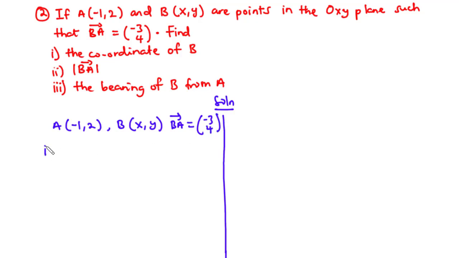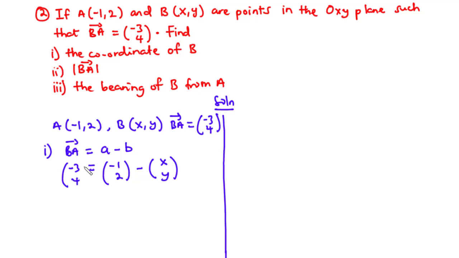Now we are asked to find the coordinate of B. Now vector BA, which is the vector from point B to A, is written as A minus B. So we have point A, (-1, 2), minus point B, which is (x, y). Don't forget that this vector is (-3, 4).